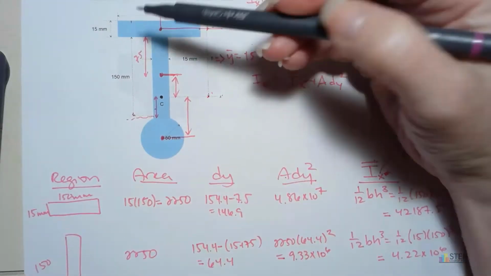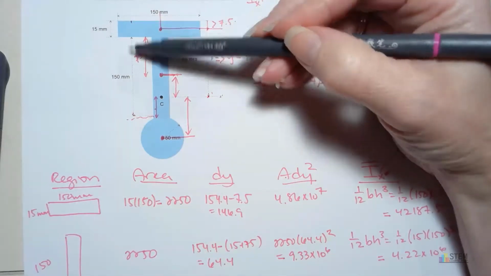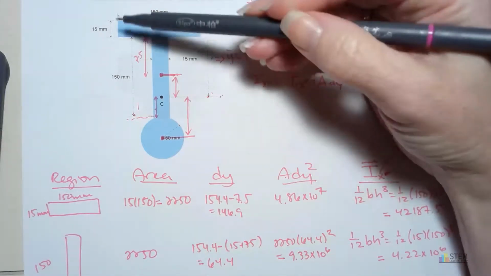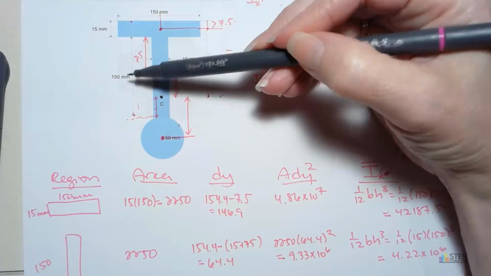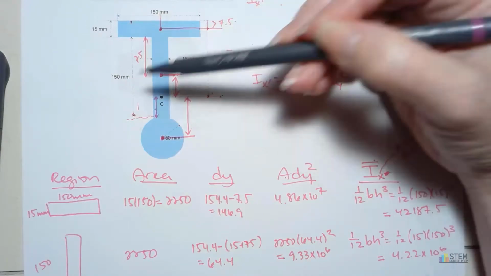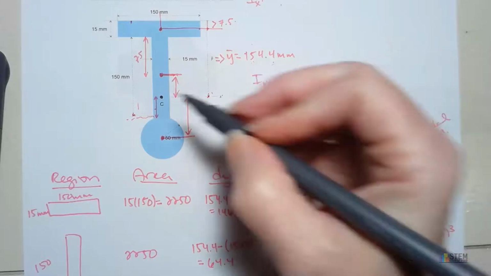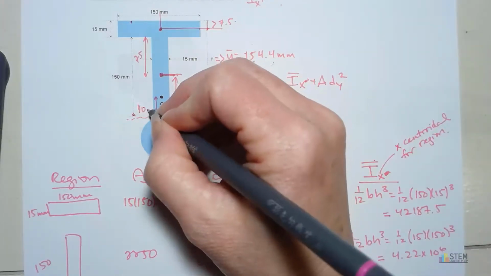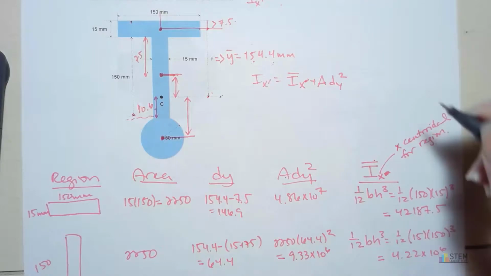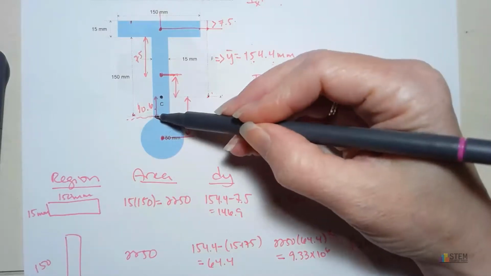So 165 is from here down to here because we have the 15 plus the 150. So we subtract the 154.4. So this distance here is 10.6.